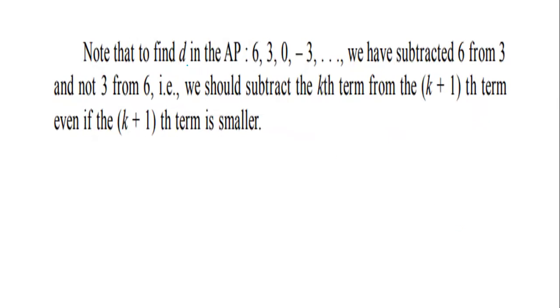Note that to find D in an AP, here 6, 3, 0, minus 3, and so on, we have subtracted 6 from 3, not 3 from 6. Here D is equal to A2 minus A1, which is 3 minus 6, which is minus 3, the common difference.